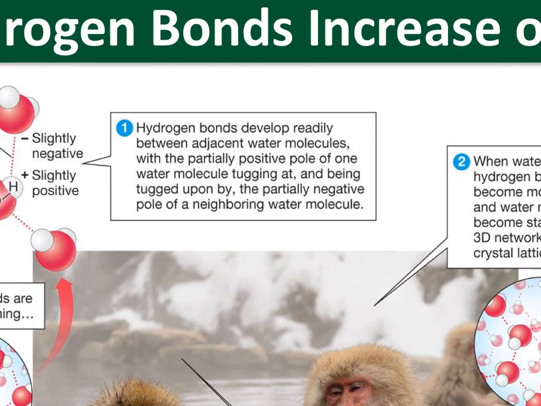So hydrogen bonds develop readily between adjacent molecules of water, with the partially positive pole of one molecule tugging at, and being tugged at by, the partially negative pole of a neighboring water molecule.